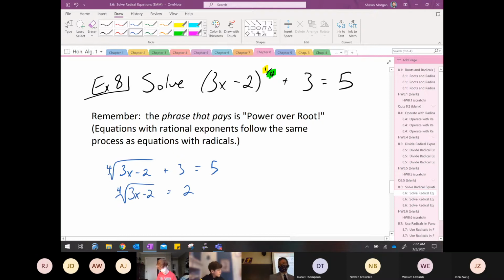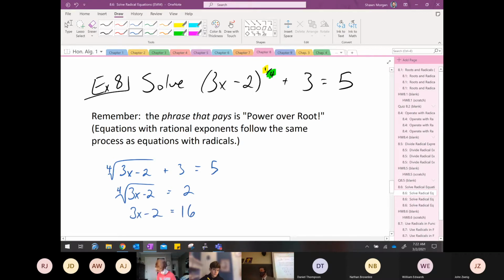All right, Jack McBee, what is my next step? Raise everything to the fourth power. Correct. We're going to raise everything to the fourth power. Now, Tiago, do you remember what 2 to the fourth is? Good. So we get 3x minus 2 equals 16.